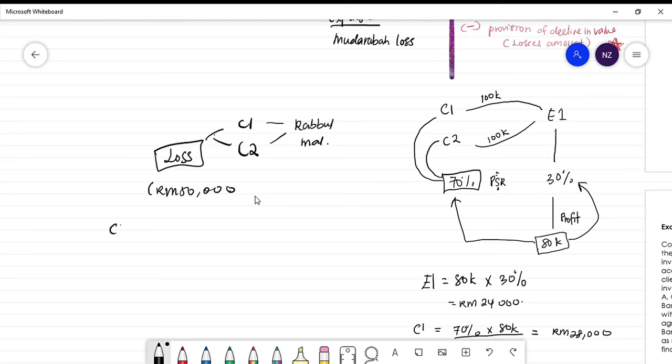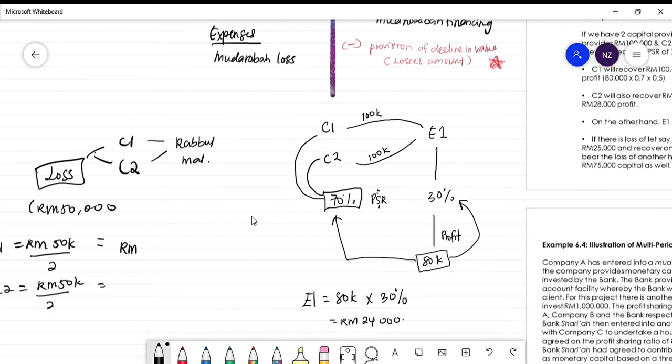So C1 will get RM50k divided by 2. C2 is the same, RM50k divided by 2. So each one will bear the loss of RM25k.